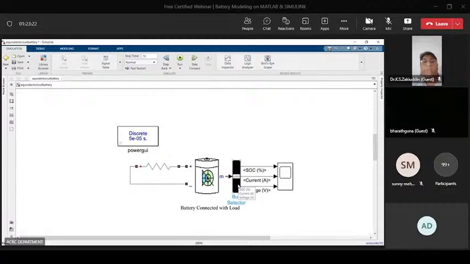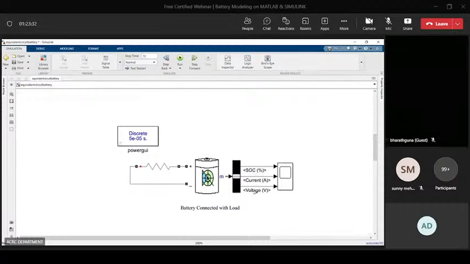I have used a bus selector here through which we can see the data we require in the battery, like SOC, the current and the voltage, how much current is being drawn from the battery. I set the voltage to 12.6 volt and the rated capacity to 5, and I have made the initial SOC 50%.